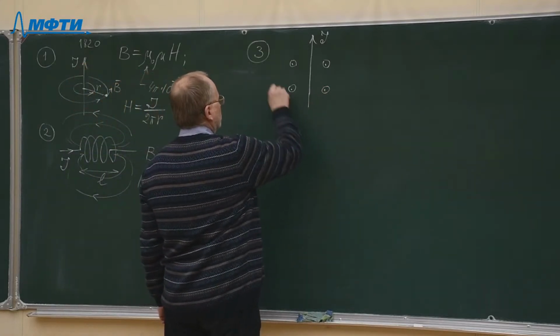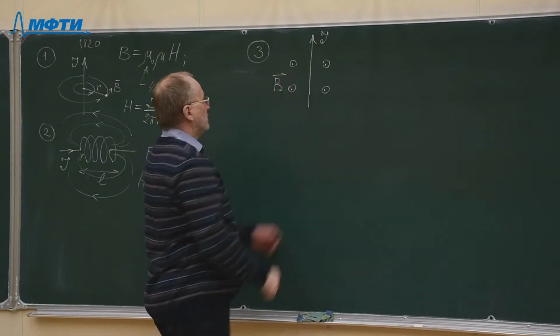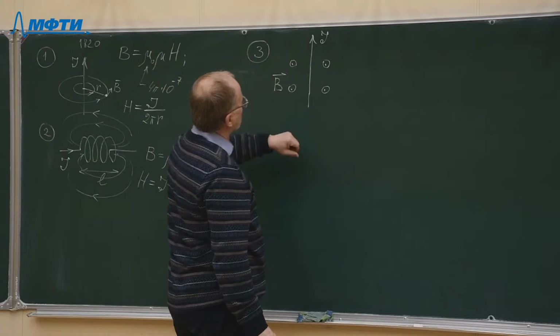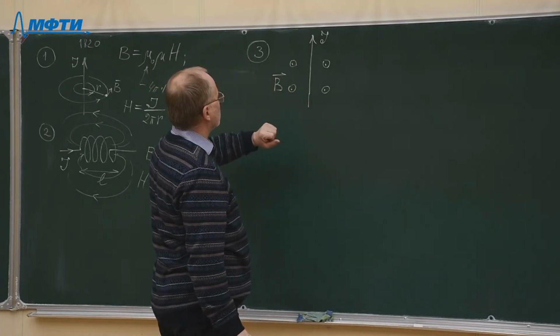That is the magnetic field induction, which looks in this direction, and we have a straight current in this uniform magnetic field.